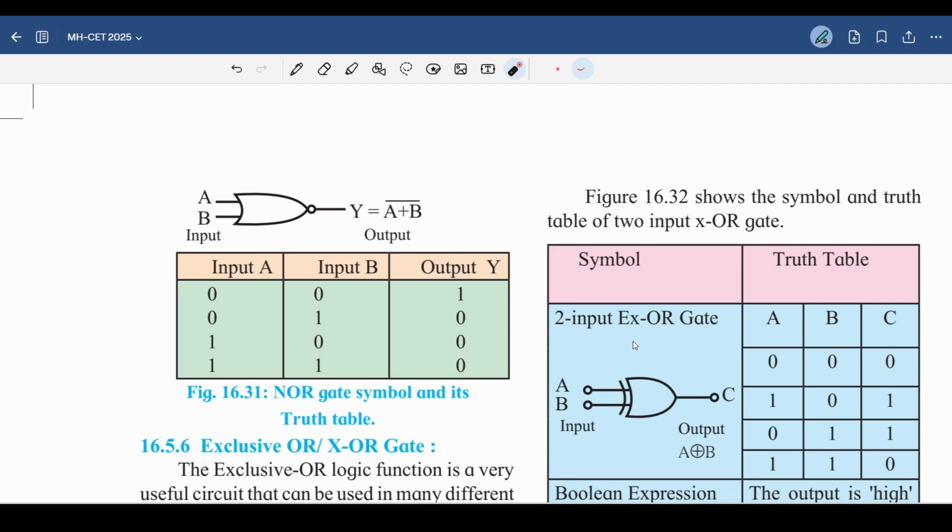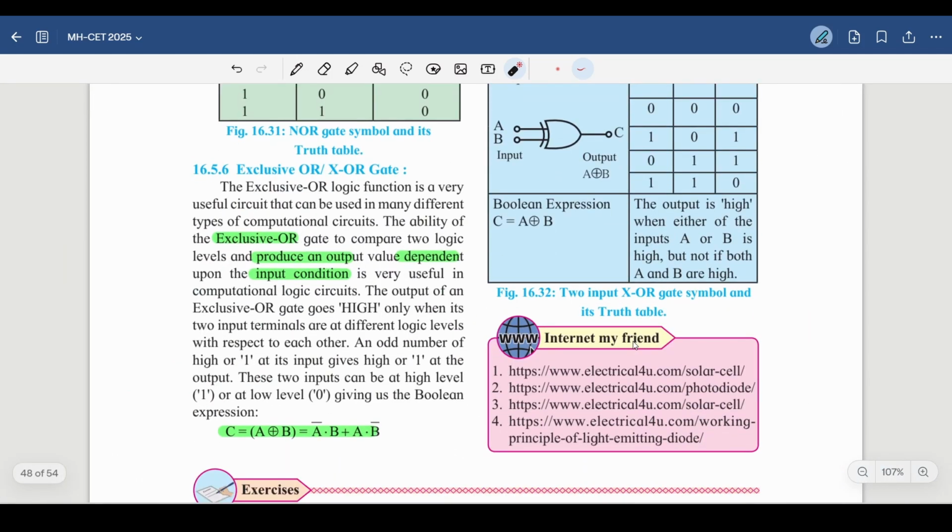Now next and the last is the exclusive OR gate, or the XOR gate. The XOR gate will compare the two logic inputs and produce an output where the value of output is dependent upon the input condition. So this is the symbol of XOR, a plus with a circle.